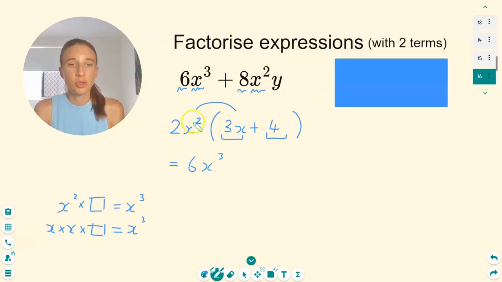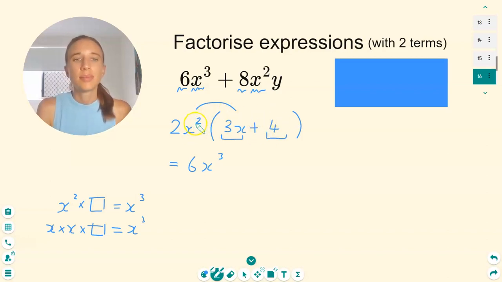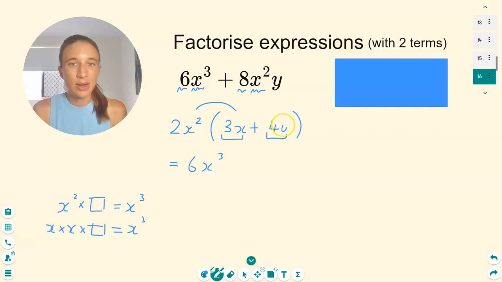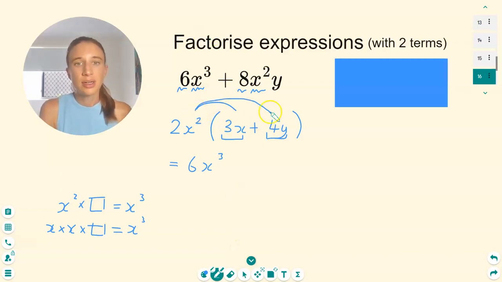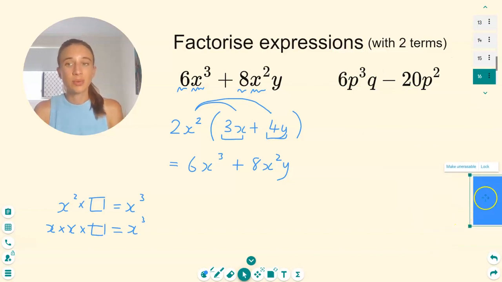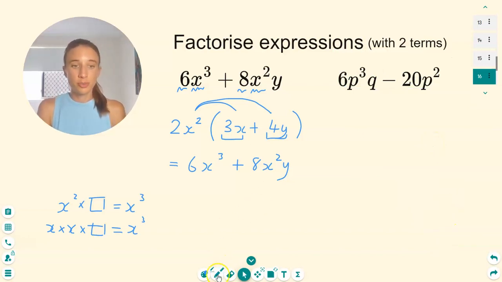Just times 1, so it's already incorporated. 2x squared times what gives me a y in there? We just put the y down because it's not in our highest common factor. Then we can check by multiplying out. 2 times 4 is positive 8. X squared times y is x squared y. We end up with that answer. So that's our check. It might seem quite strange at the moment, but just persevere.